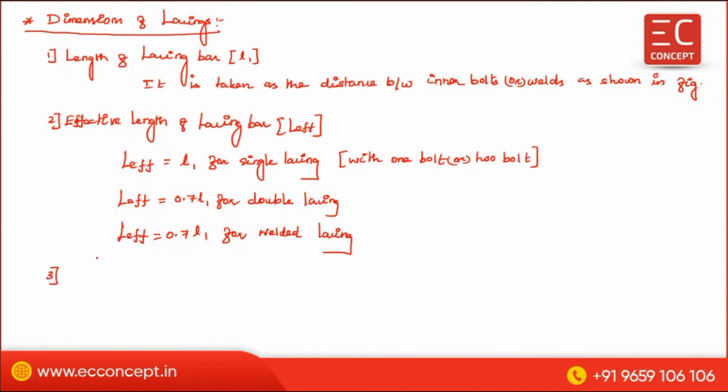Third one is minimum width of lacing bar. Minimum width of lacing bar, that is D minimum, should not be less than 3 times the diameter of bar.